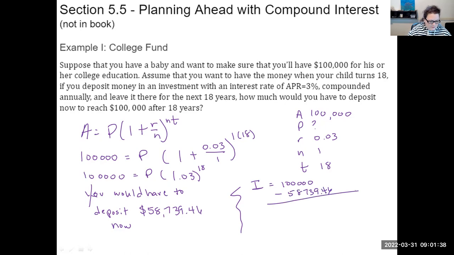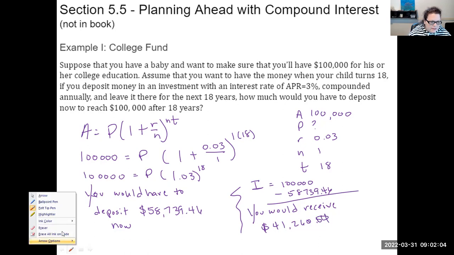So 100,000 minus 58,739.46, and you would receive $41,260.54.